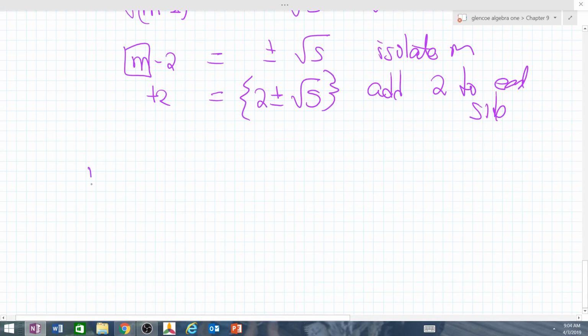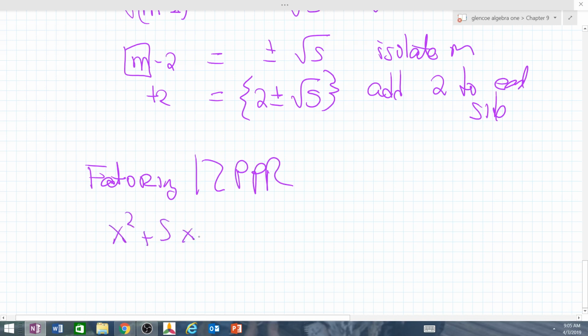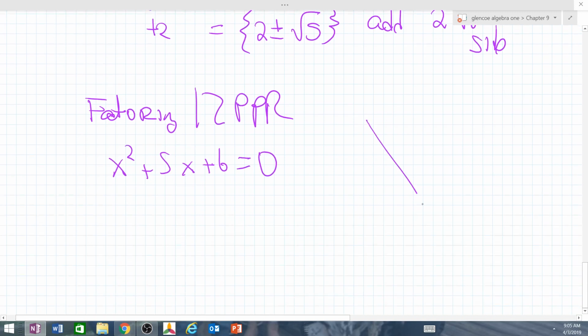And the last one I just want to talk to you about briefly is factoring and the zipper. So if I gave you one that looked like x squared plus 5x plus 6 equals 0, we're going to go ahead and use our x factor: what multiplies to 6 and adds to 5? 2 and 3.